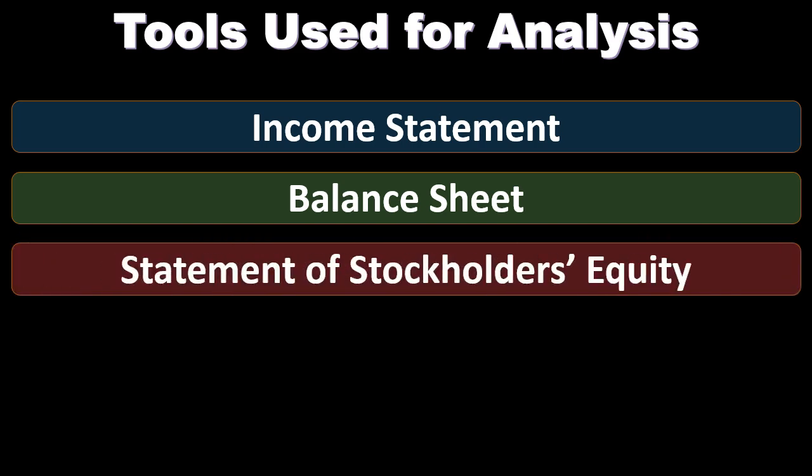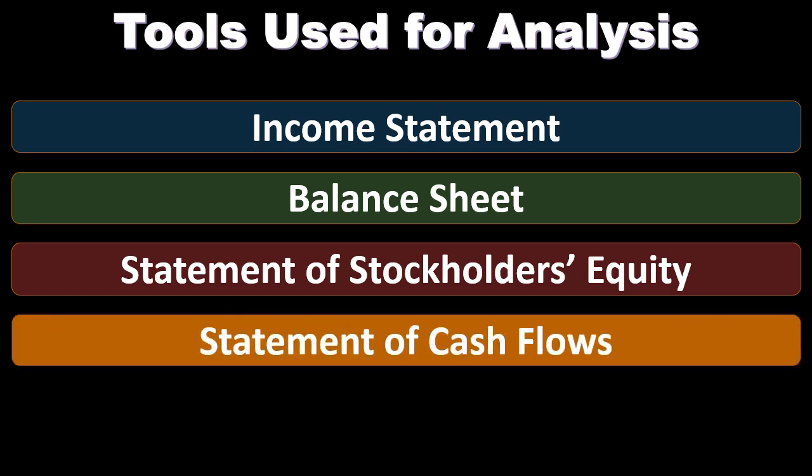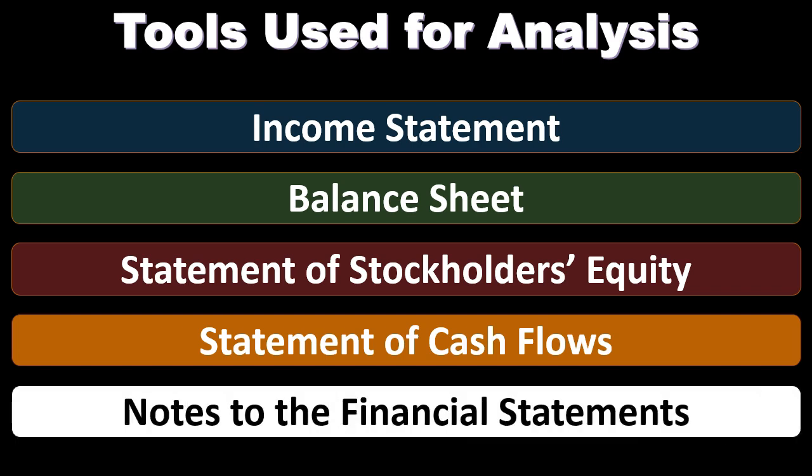And then obviously we have the statement of stockholders' equity, part of the financial statements, and the statement of cash flows. So these are going to be the financial statements that we're going to be using in order to conduct our ratio analysis. We're also going to have within those financial statements the notes to the financial statements, which can give us more detail in terms of our analysis.